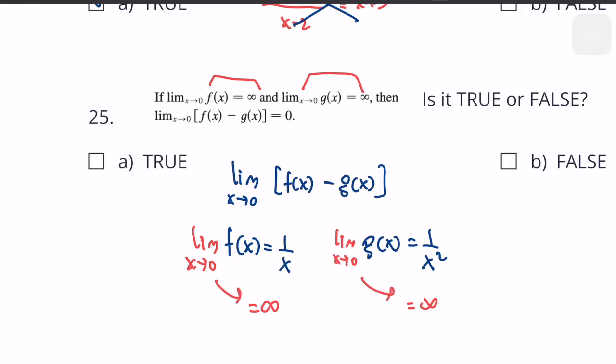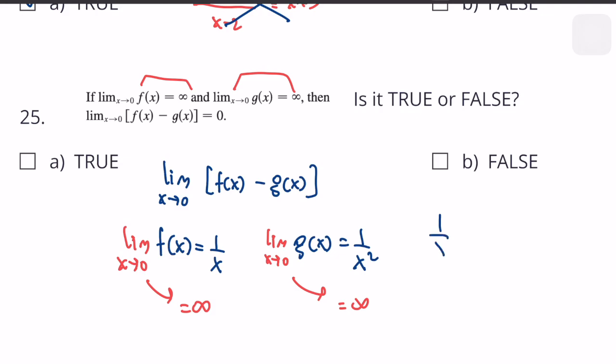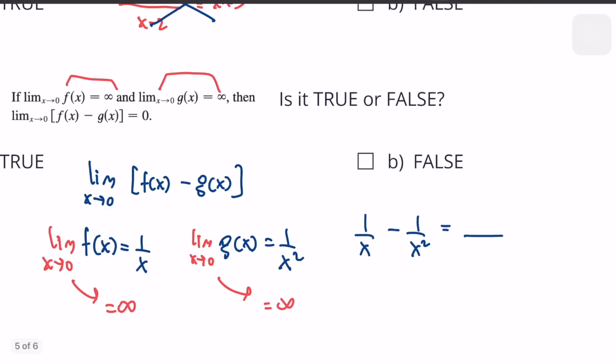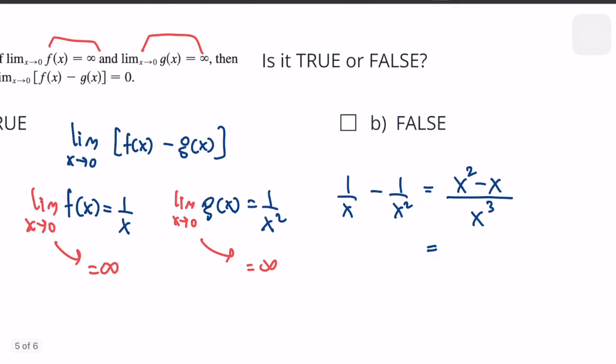But when we are dealing with the equation itself, we have x minus 1, x squared.